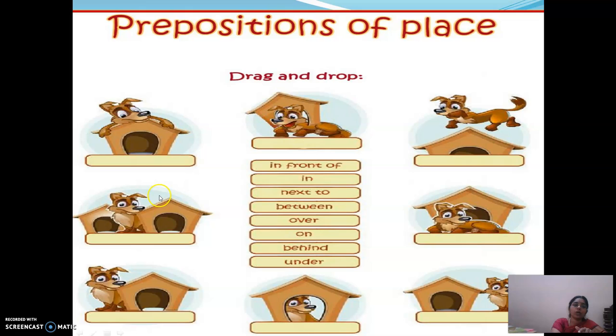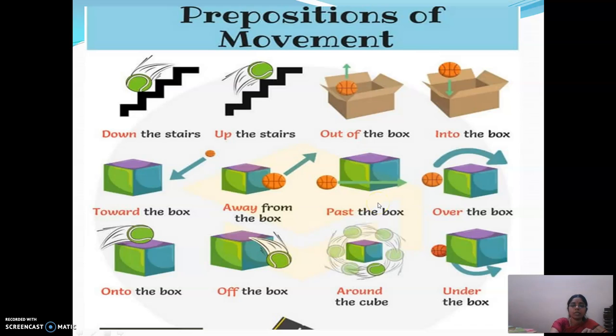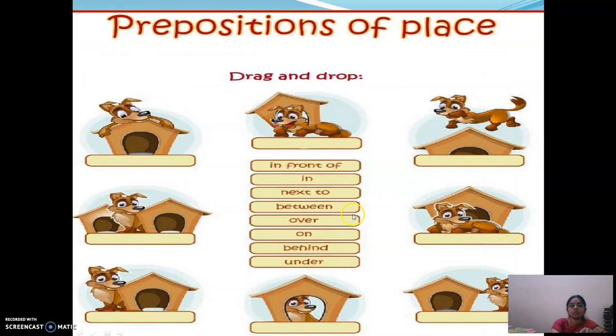This is 2 and 3, 4, 5, 6, 7, 8. Right? So here also, how many pictures or words are there? 1, 2, 3, 4, 5, 6, 7, 8. 8 pictures and 8 wordings are there that you have to match. Okay, dear? Is it clear?